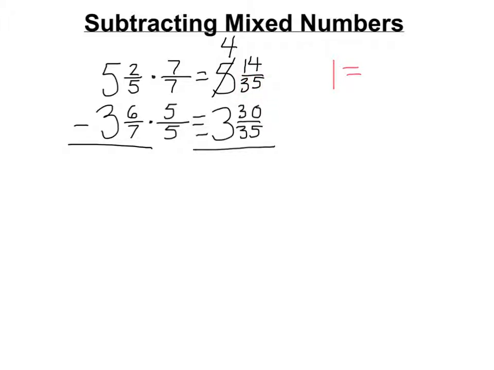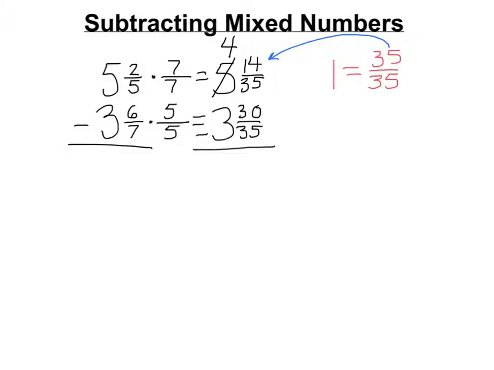So what we need to think through is 1 is how many 35ths? Well, that should be pretty easy. It's 35 35ths. So we are adding on 35 35ths to this 14 35ths.